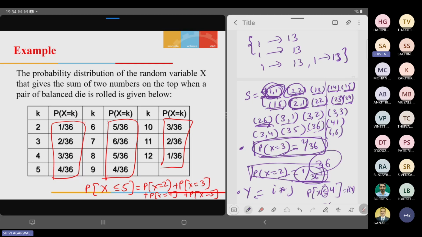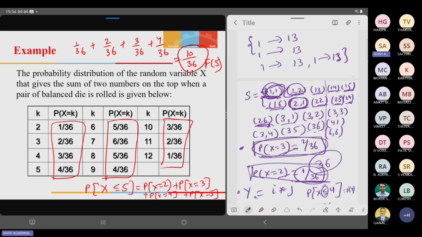So it is 1/36 plus 2/36 plus 3/36 plus 4/36. Adding it, we get 10/36. That is F(5). Clear? Don't be confused. Just addition.